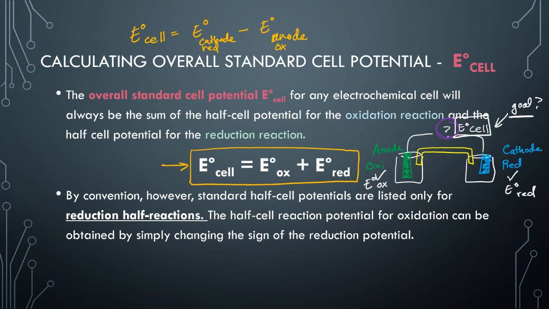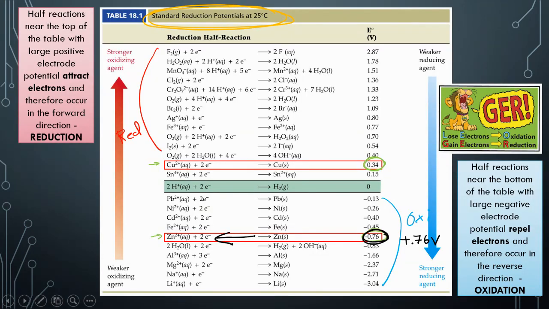No worries. Okay, so you have your E cell. Here's something that you do have to remember, however, okay? Since you are looking for the oxidation potential and the table is full of reduction potentials, just flip the sign on the thing that is being oxidized.